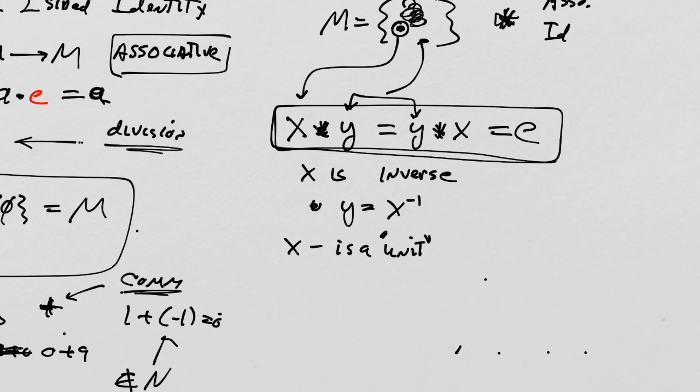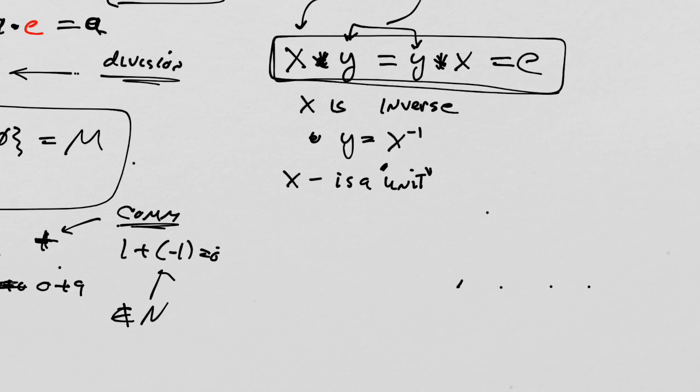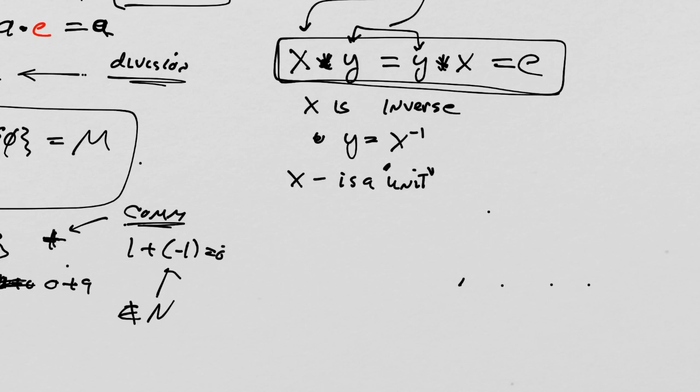Now, if X is a unit, then the inverse of X is unique. And the way we can understand that is, say X is a unit and Y is its inverse. Now I'm going to skip writing the multiplication symbol in there because we know it's got to be the monoid's operation.